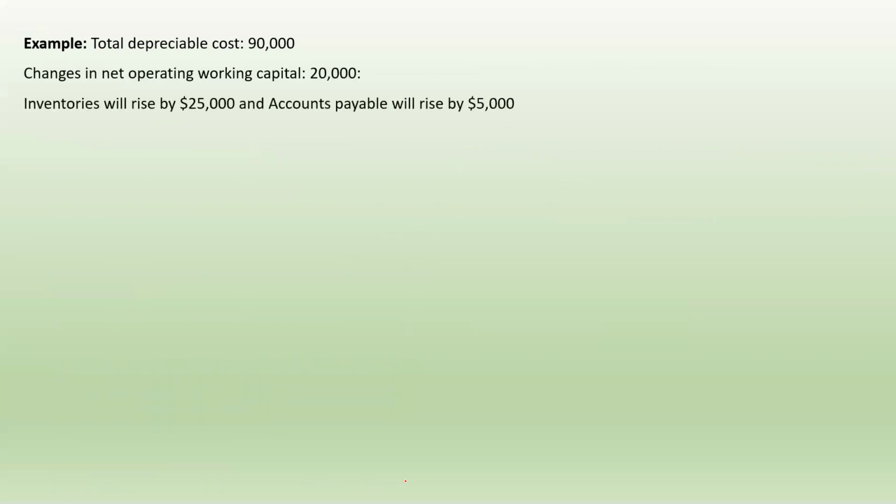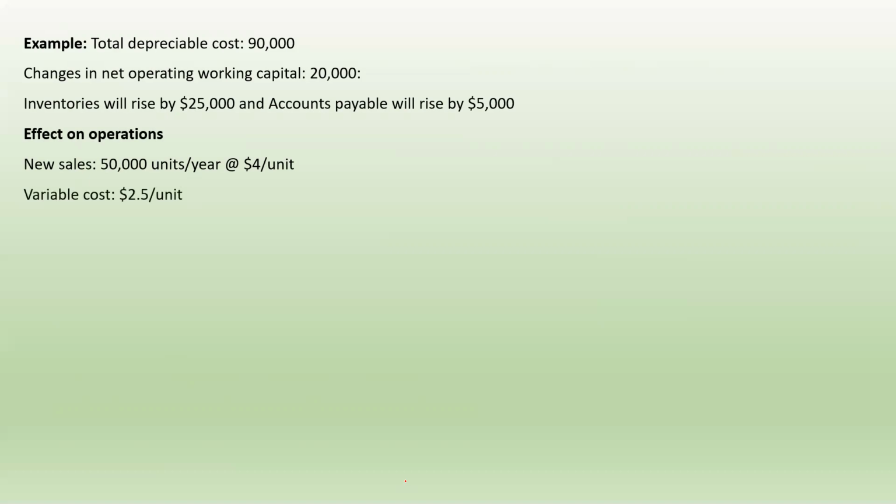So one example: total depreciable cost is 90,000. Changes in net working capital, 20,000: inventories will rise by 25,000 and accounts payable will rise by 5,000. As for the effect on operations, this new project will have new sales of 50,000 units per year at $4 per unit.